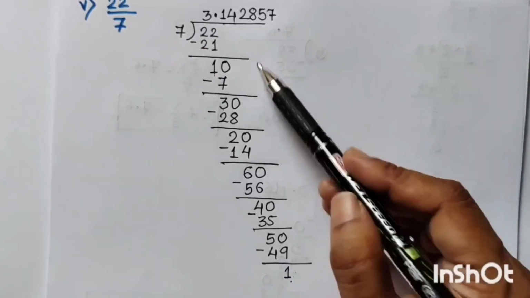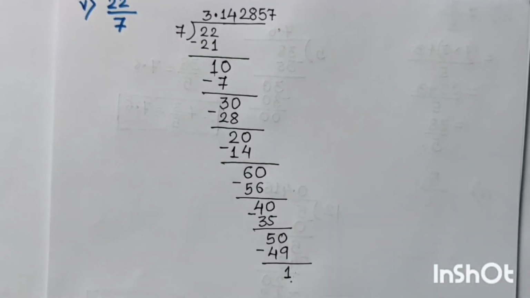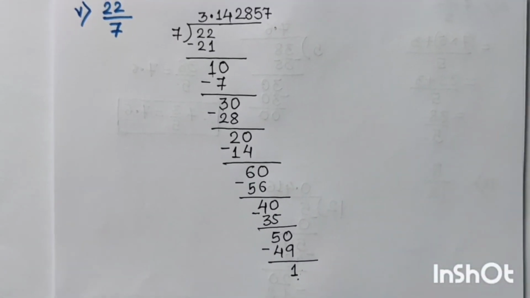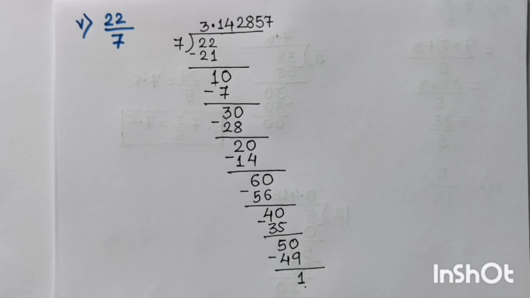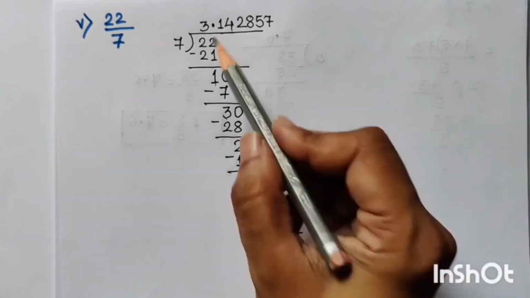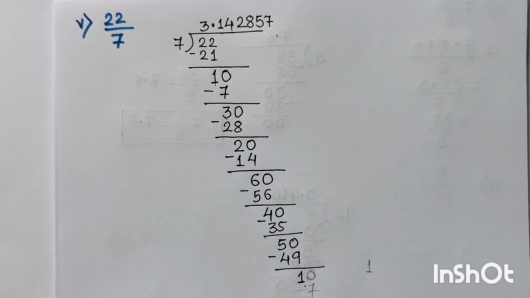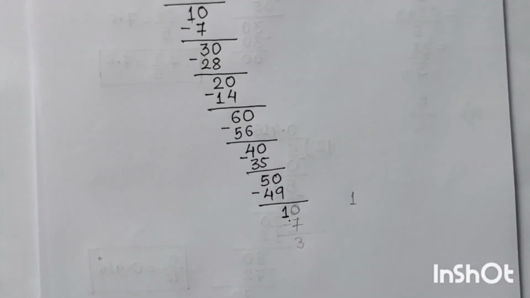That means all these steps will be repetitively coming again and again. Correct? So if I put a 0 after this 1, what will happen? I will have to write 7 ones are 7. That means 1 will come in the quotient. Then 10 minus 7, I will be getting 3.